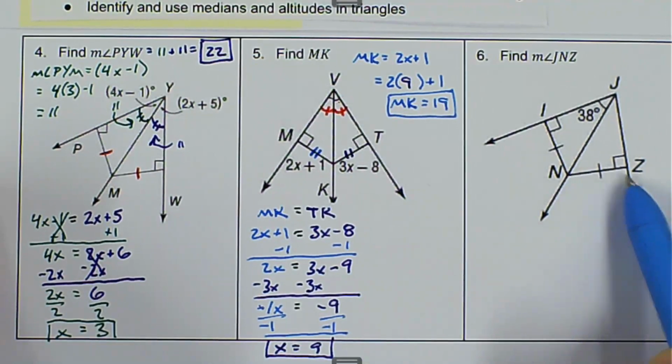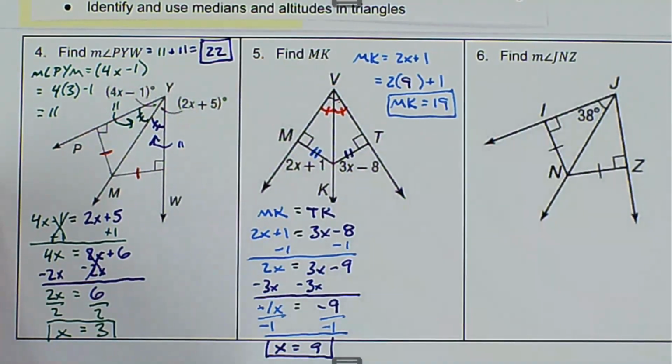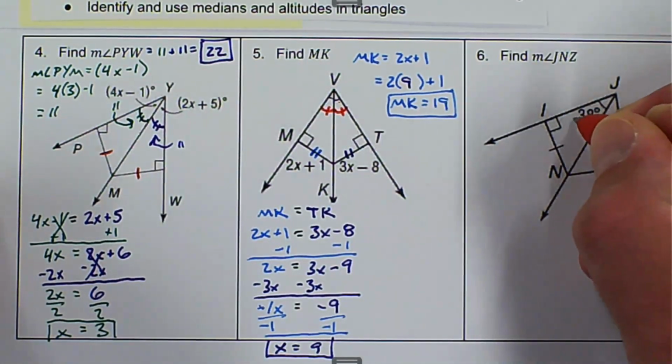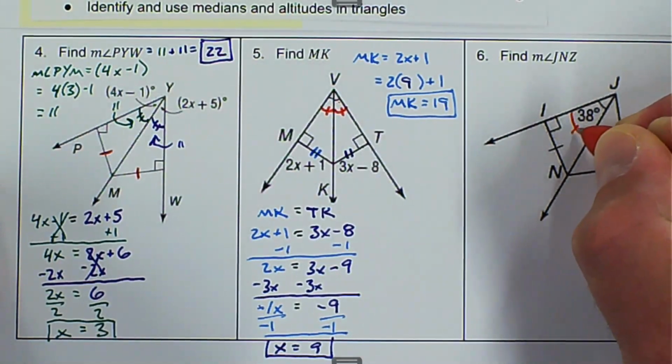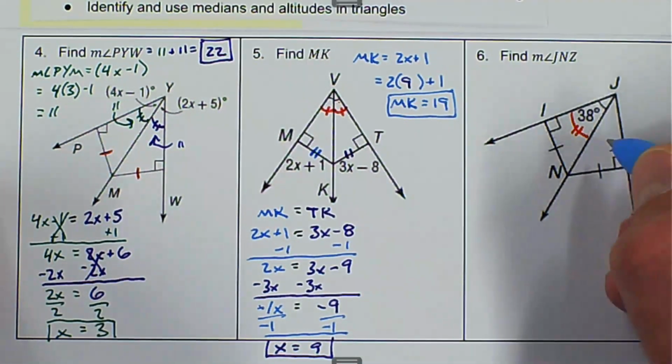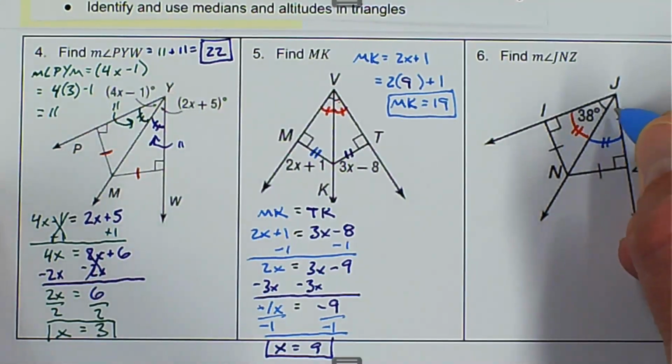So N to Z is congruent to N to I. So that makes us understand that JN is the angle bisector. So if JN is the angle bisector, then that means that NJZ is 38 degrees.